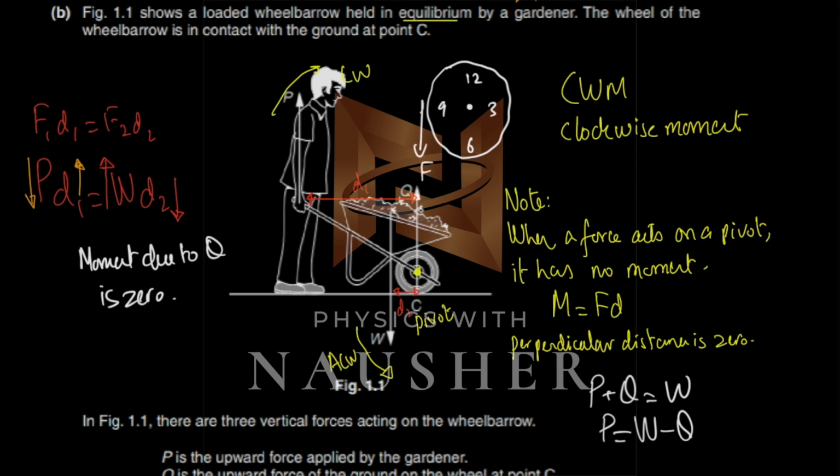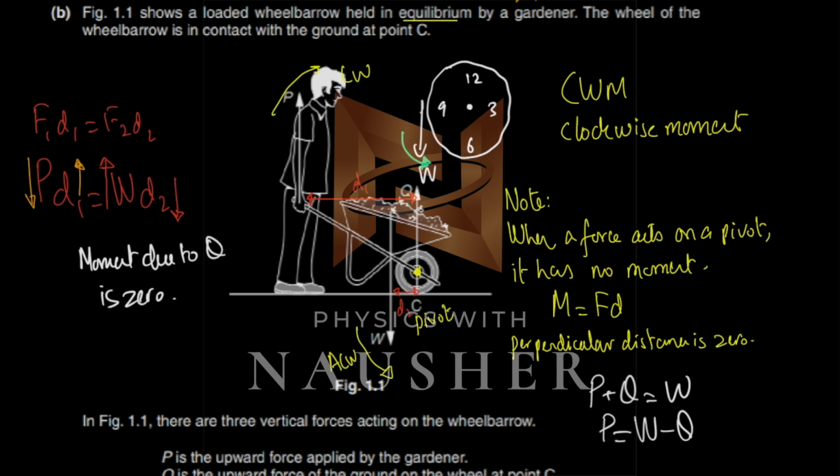Let's call this force the same name as given in the question. This is W. Now you tell me, if this is the object, it's pivoted at this point, and you apply a force W on this, will this clock turn? Yes, of course it will turn, in this direction. So is this clockwise or anti-clockwise? You're going from 9 to 6. This is anti-clockwise.